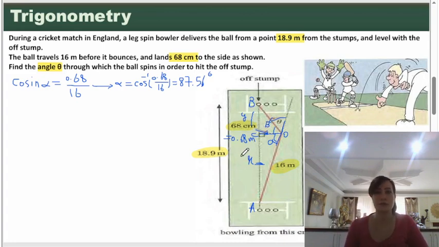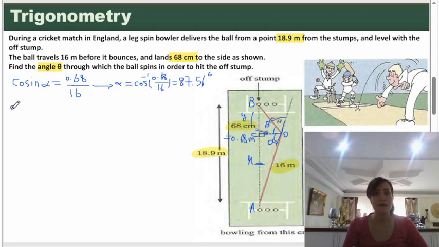So I do it. To find x, now I have alpha. I see x is the opposite side of alpha, and I have the hypotenuse. So I go for the sine rule.